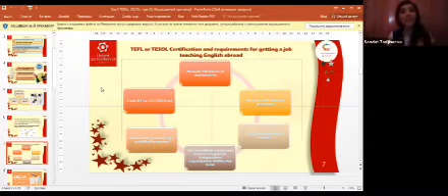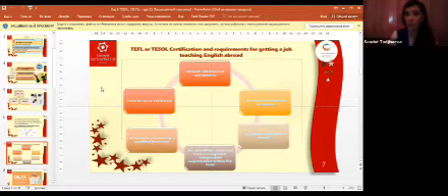So if you decide to take one of these courses, before going to this course, always check if the offering institution is accredited internationally by any kind of organization or not.